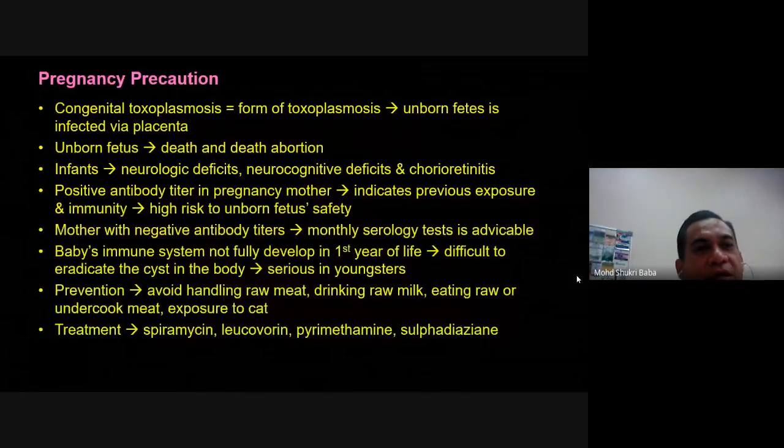Special notes for those who are pregnant, pregnancy precautions. Congenital toxoplasmosis is a form of toxoplasmosis where the unborn fetus is infected via the placenta.